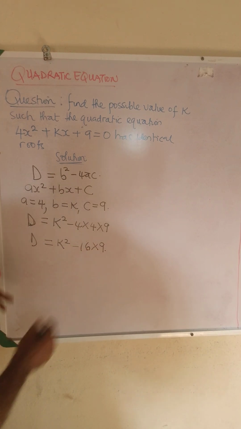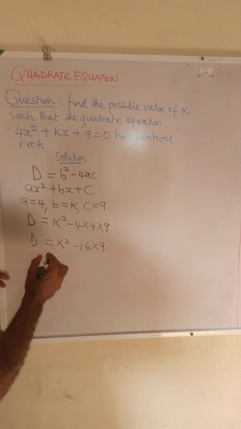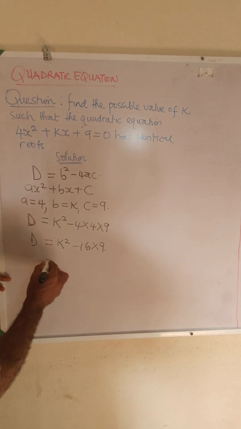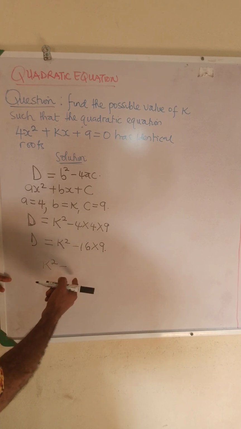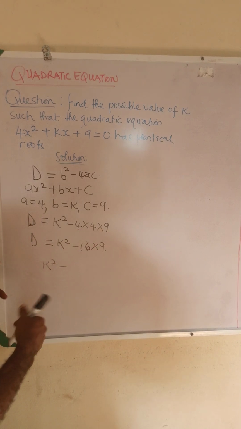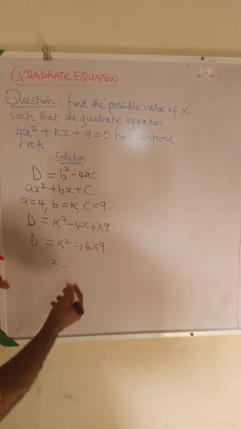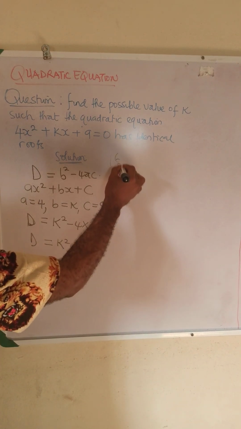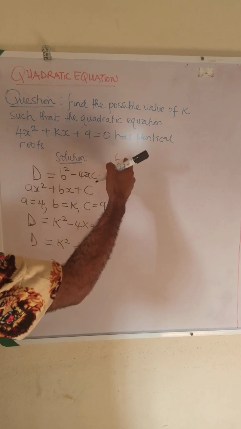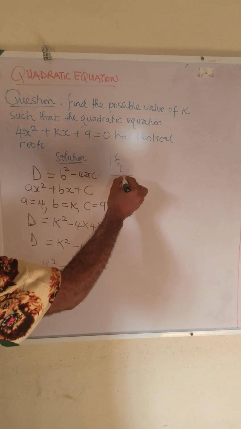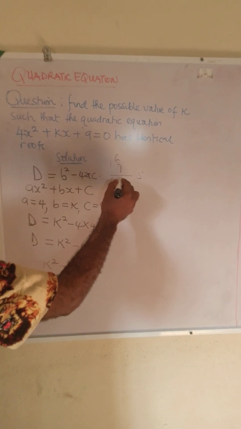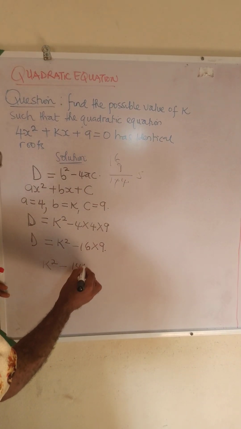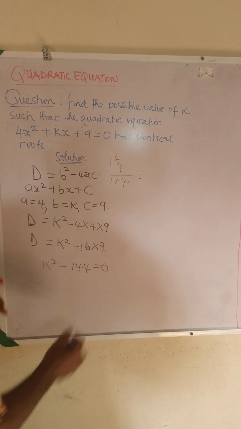16 times 9. So this will mean that we have k squared minus 16 times 9. What is 16 times 9? 6 times 9 is 54, 4 carry 5. 1 times 9 is 9, plus 5 is 14, so we have 144, equal to 0.